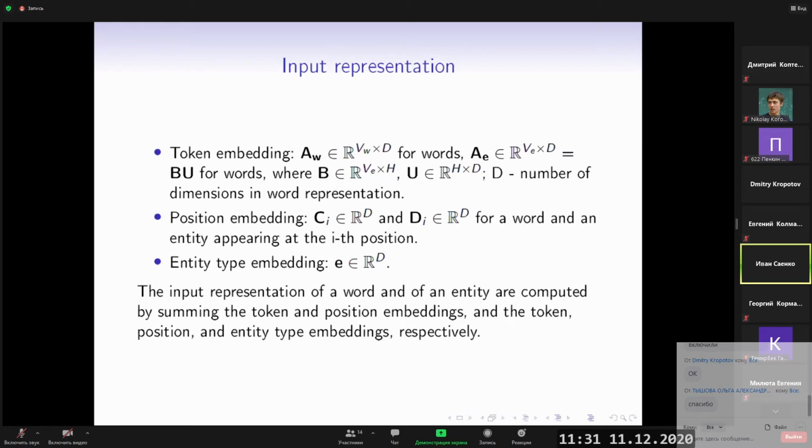The other ones, for position and entity type, are just 1D vectors. So using these, we can get the representation of a word and an entity. For a word, these are the first two embeddings, and for entities, all of them.